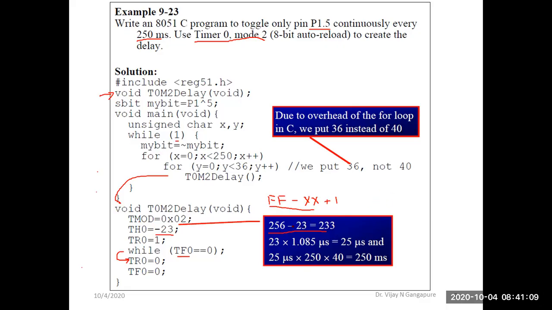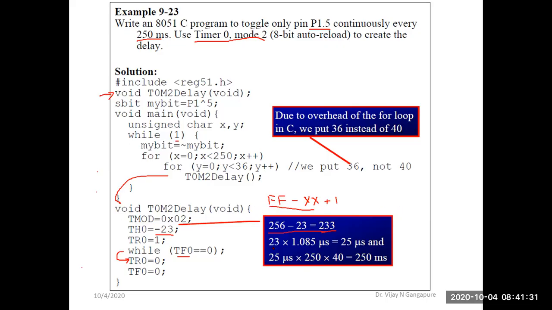Here, the initial value we have loaded is 233. So we have to subtract that from FF. That is the formula. In decimal, we have to subtract that value 233 from 255, that is FF, and we have to add 1.